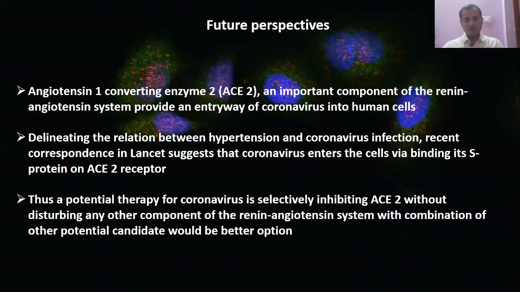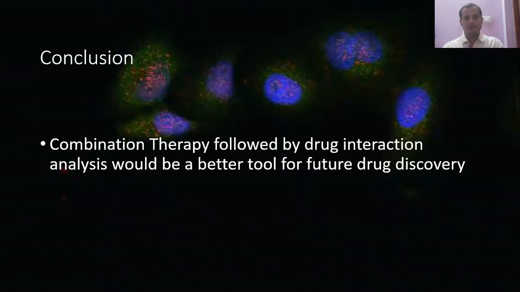If there is a particular ACE2 inhibitor which does not inhibit other angiotensin receptors, that would be a better way to tackle the COVID-19 situation in the absence of a vaccine.